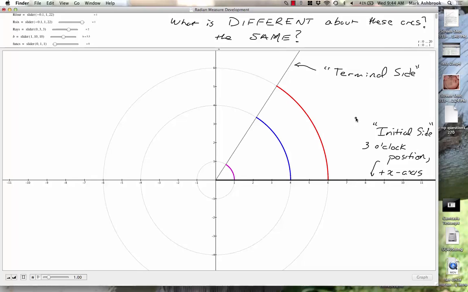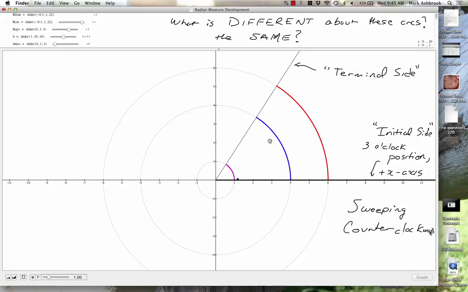And to open up this angle, we're sweeping which way? Clockwise or counterclockwise? All this language is really important. We're going to use it for the rest of the course. Sweeping counterclockwise. So our initial side is the 3 o'clock position, the x-axis. We're going to sweep counterclockwise to form an angle, and then where we stop is the terminal side.